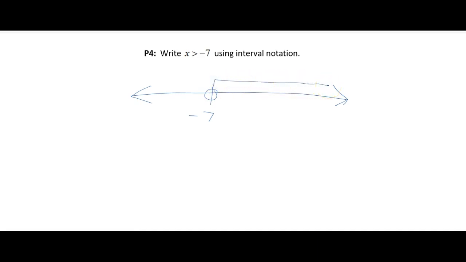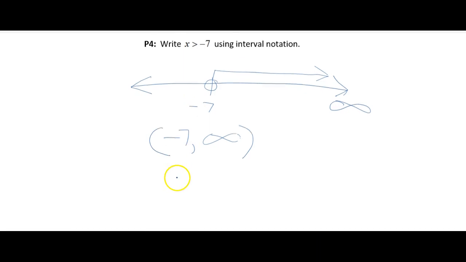So the inequality symbol will always point to the left value. So -7 is on the left of this interval. And if I go to the right, I know at this end of the number line, it ends in infinity. Doesn't really end, but it keeps going. So I have -7 on the left, comma, infinity on the right. Infinity is never included, and the -7 in this case is not included because there's no equals.